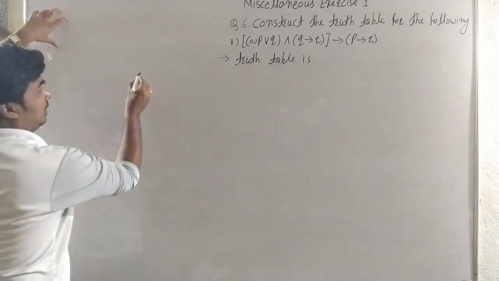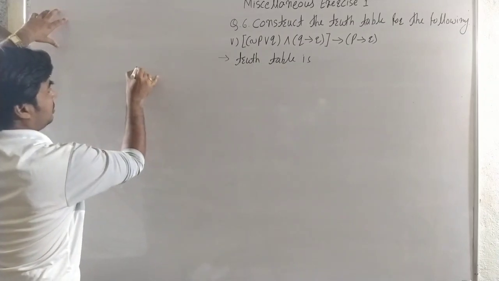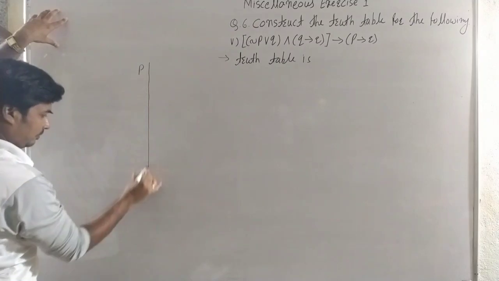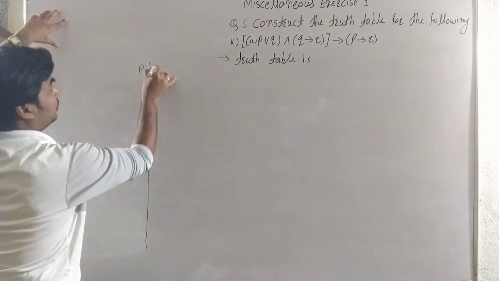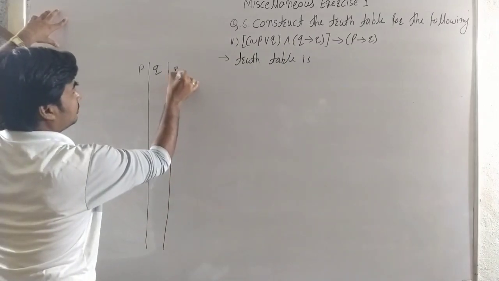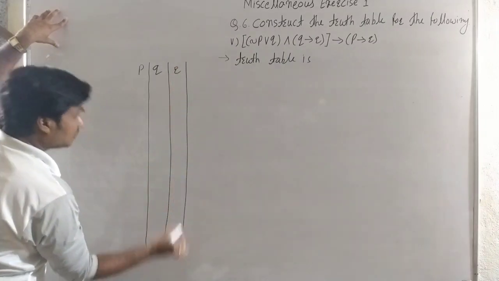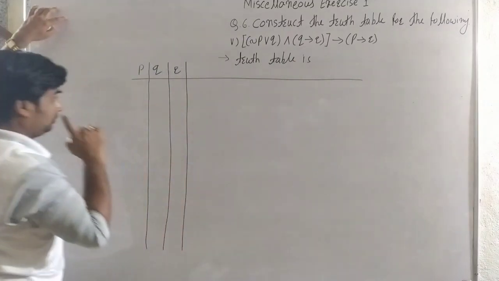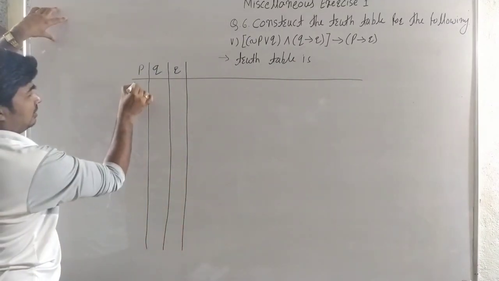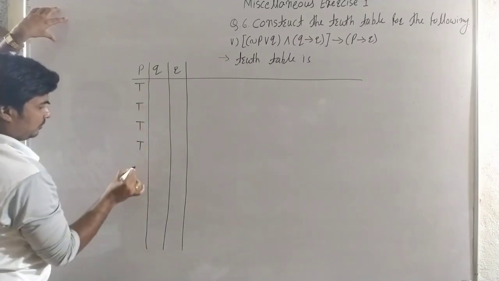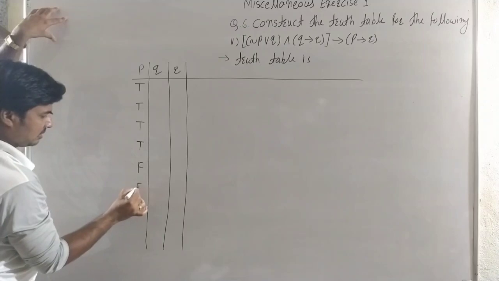Okay, we can write here the truth table. First we write P, then Q, then R. Here the 8 possibilities. For the P, 4 times true and 4 times false.